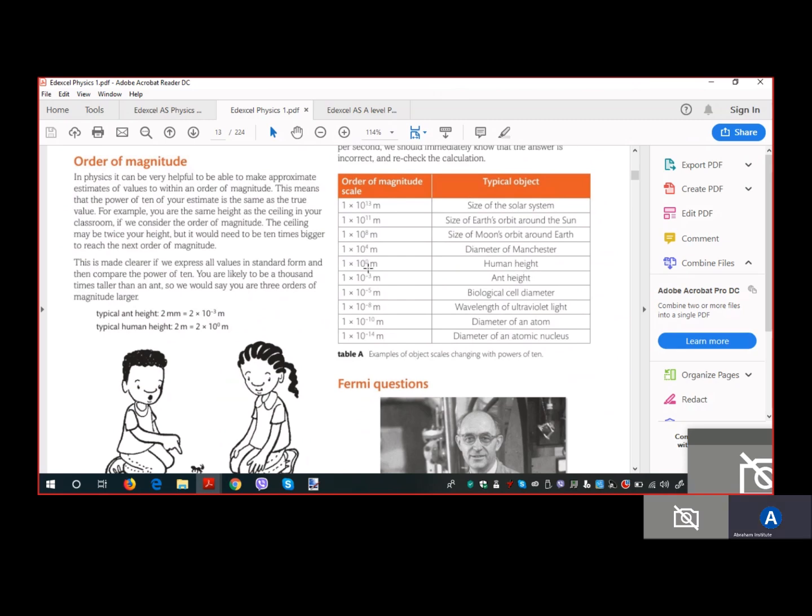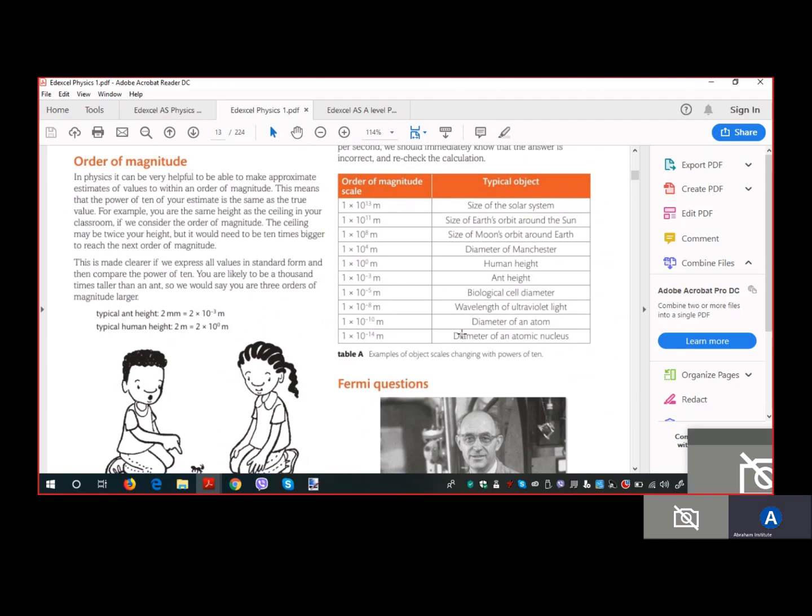So 1 meter, that's the height of a child, because a human is a little bit more, maybe 1.1 to 2 meters. Then ant height, biological cell diameter. This is the size of a cell. What subjects are you taking right now? Physics, maths, and chemistry.